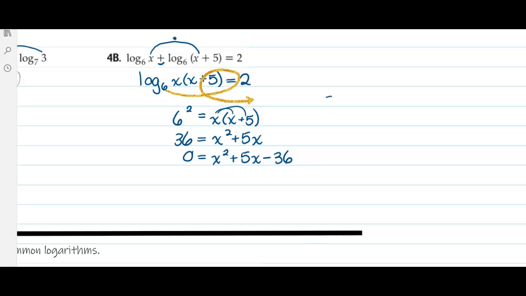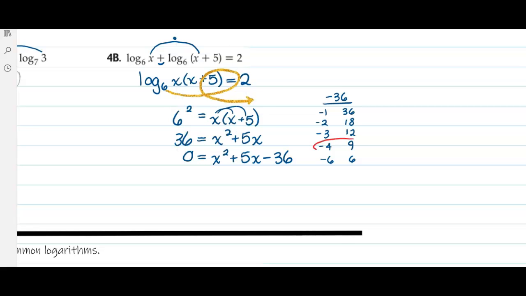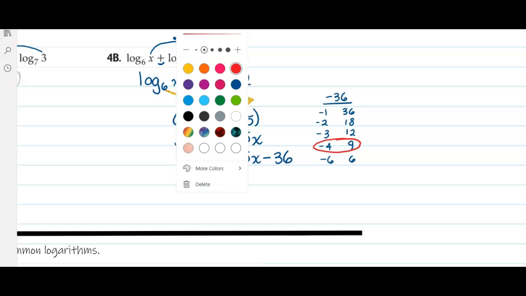Now we're thinking, what multiplies to give negative 36 and positive 5? And here we have our winning combination, negative 4 and 9.